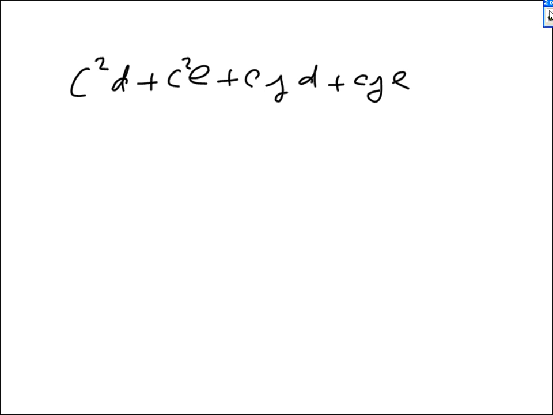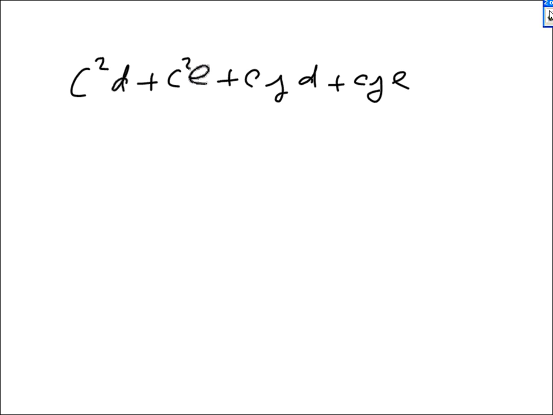Okay, let's try another one. You should always try to factor out something if it's in common. If you have c squared d plus c squared e plus cjd plus cje.